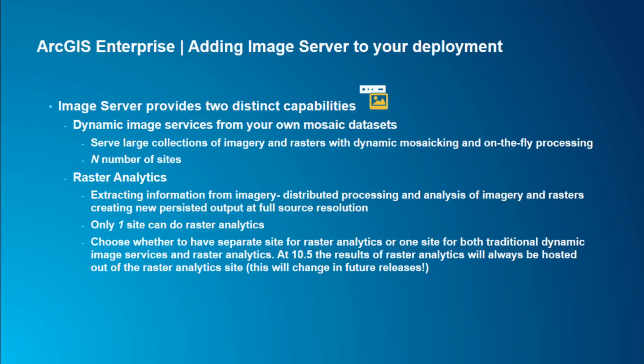So this is where you can use multi-threaded distributed computing and use a raster analytics site for that. So one thing to consider here is, do I want one image server site doing both of these things, or do I want to split those things apart?